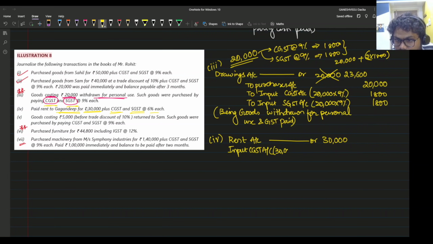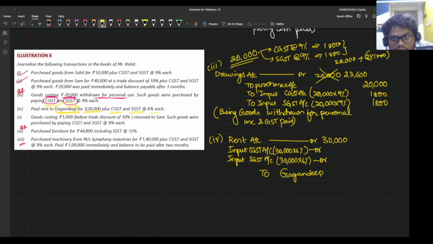On 30,000, he has to incur 6%, and also input SGST account, 30,000 into 6%, debit. He's paying rent to Gagandeep. So to Gagandeep account.